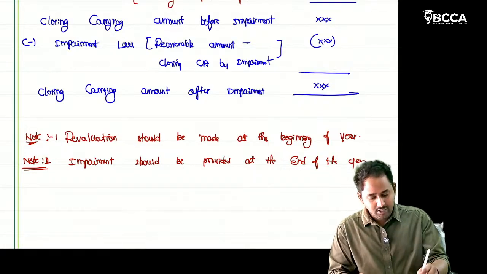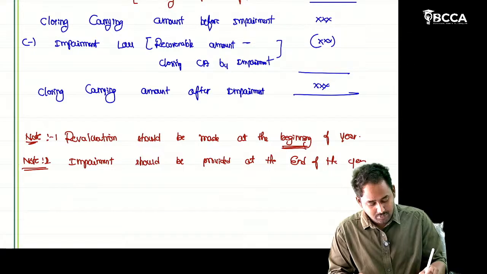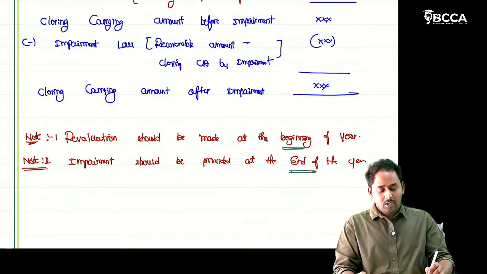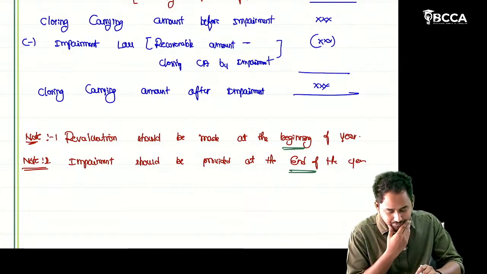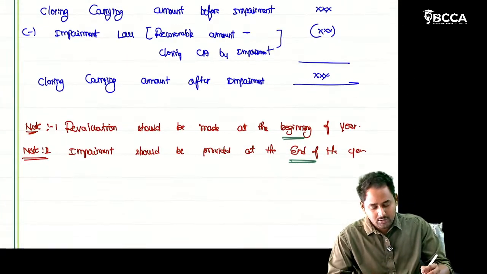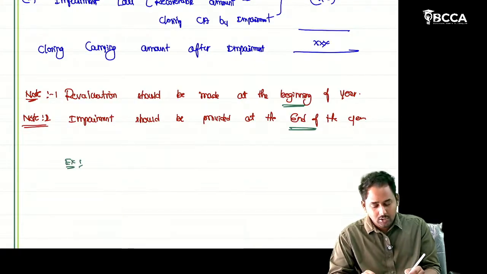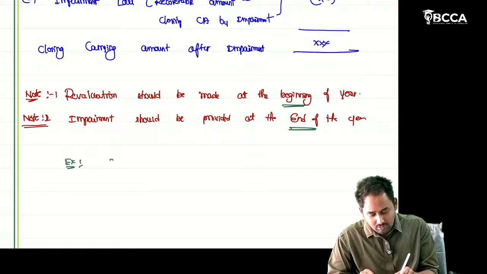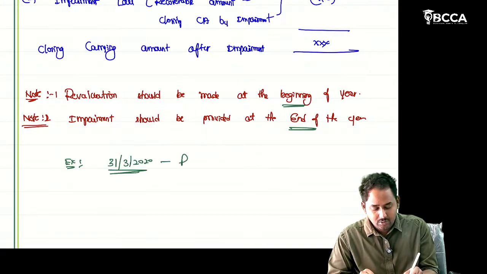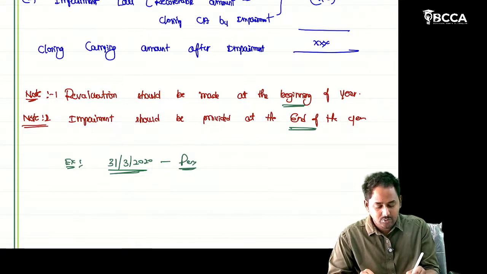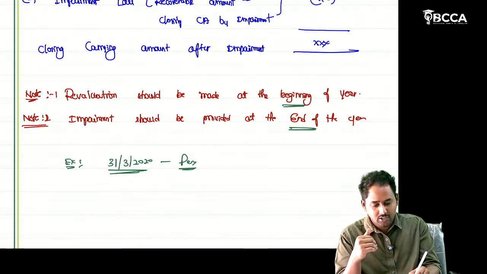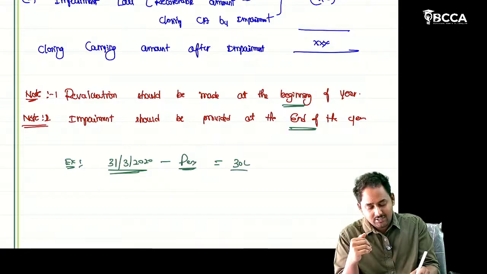So why am I writing these two note points? It's a beginning and an end. Sometimes in the question itself, I'm just giving some examples of how they ask the question. You need not write the example. The revaluation is made on 31st March 2020, and the fair value is 30 lakhs.